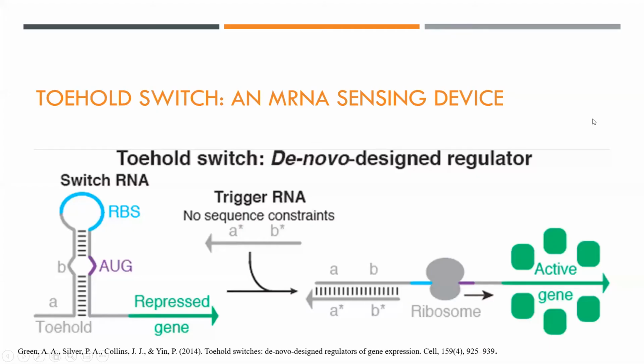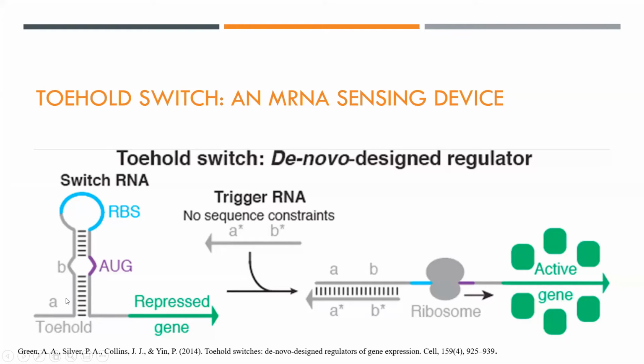Before I get into the circuit, let me introduce you to the toehold riboswitches. This figure is retrieved from the original publication by Green and colleagues. To the left here, you see the toehold switch, which is composed of, to the right, the repressed gene. And why is it repressed? Simply because the start codon, the AUG, and the ribosomal binding site are hindered by this stem loop.